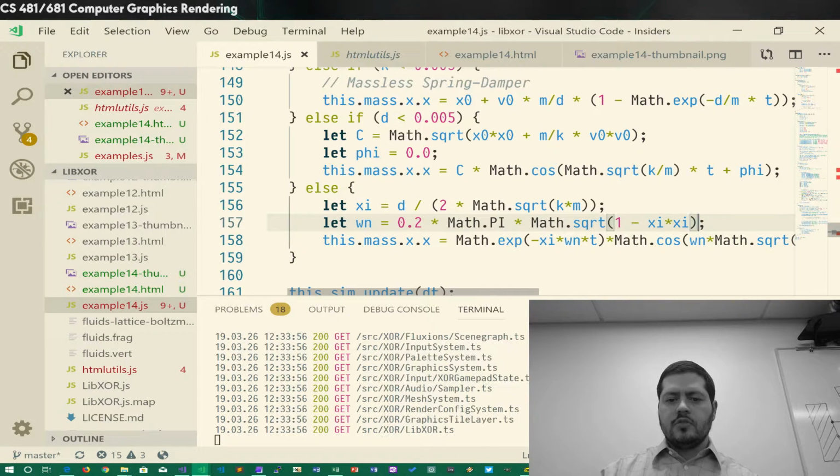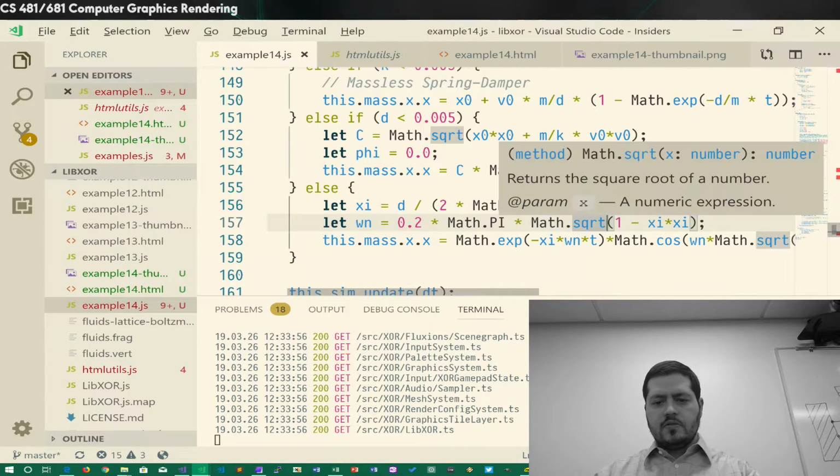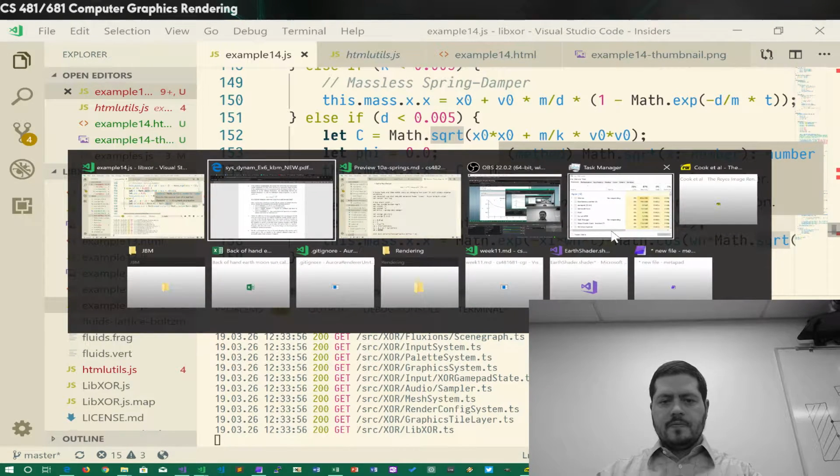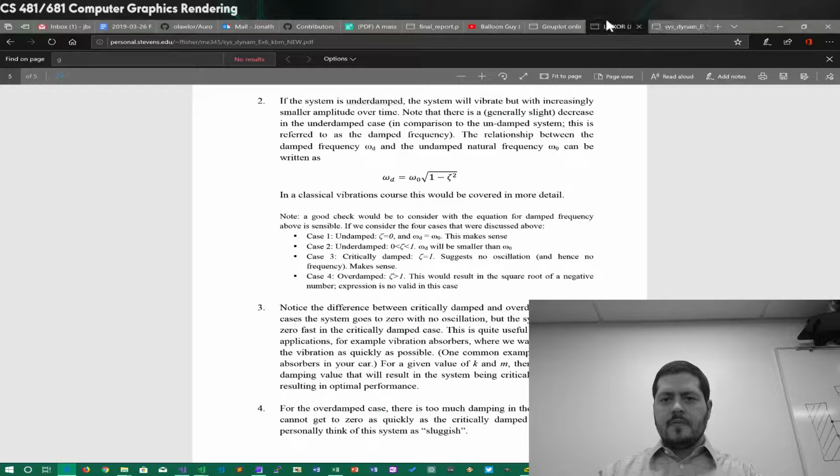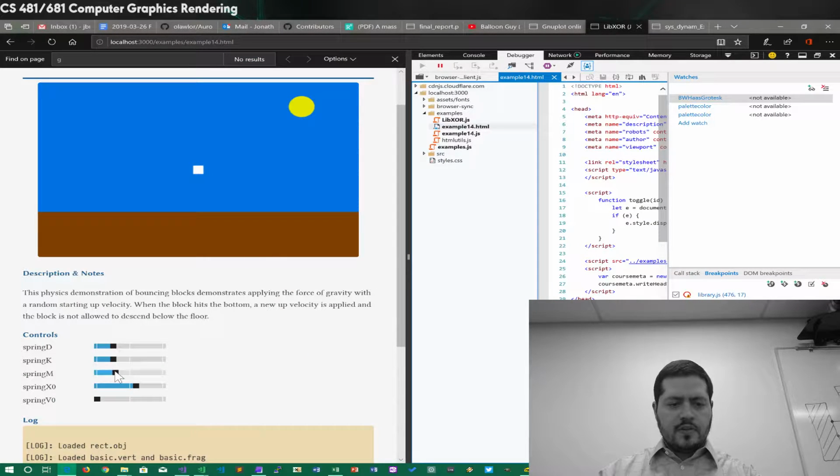This will change over time. Well, no, this should be just a fixed constant. Okay, so let's see what happens here. So we have all of them up. So we should see some damping in the system.